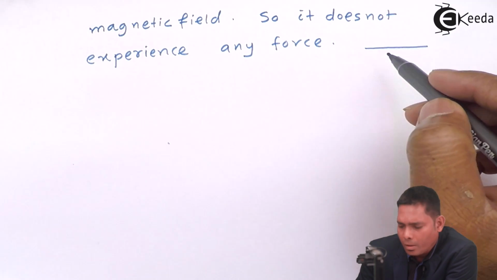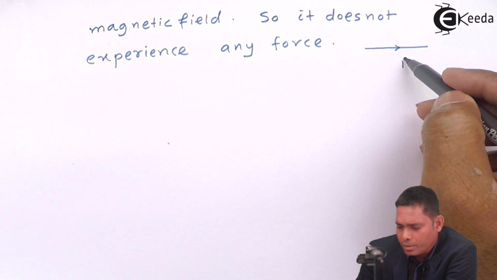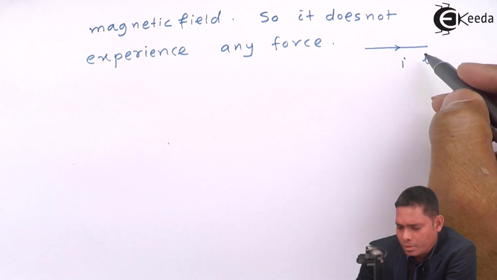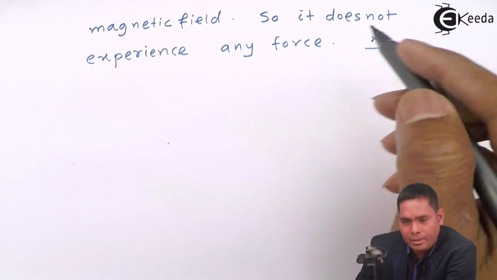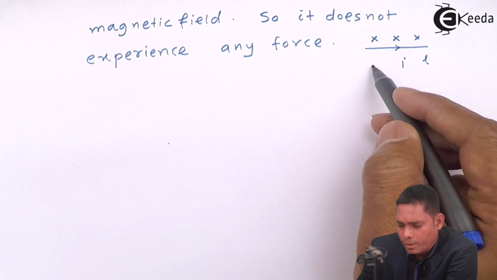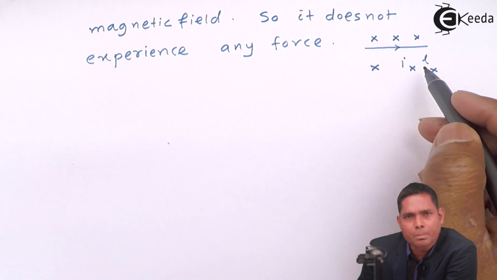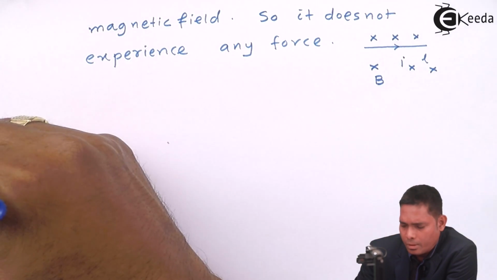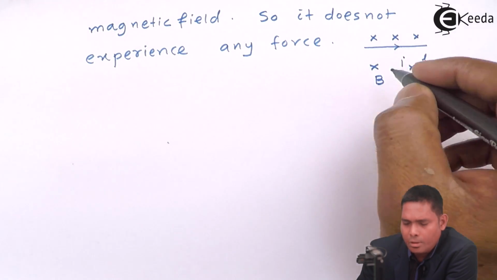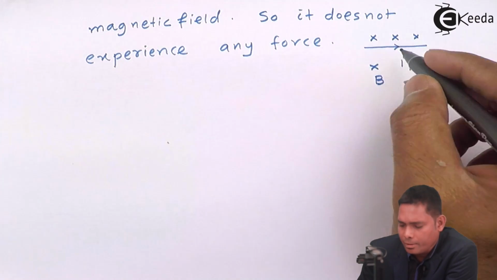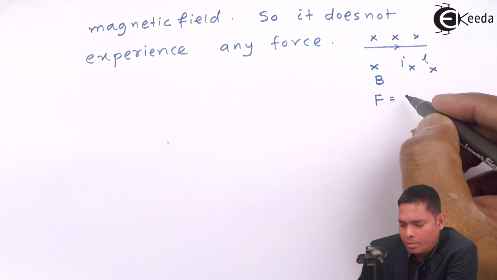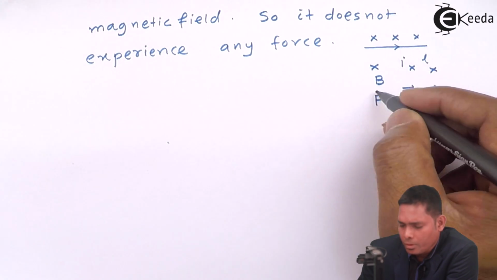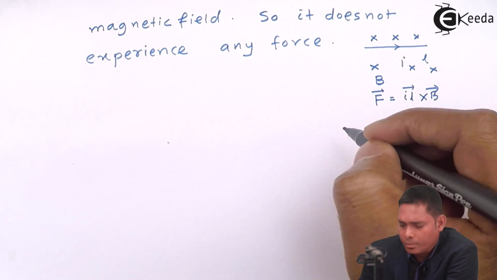and suppose that current I is flowing through this, and suppose the length of the conductor is L, if I place this in a magnetic field which is pointing into the plane of the paper, and the magnetic field is B, then the force experienced by this current carrying conductor is given by the formula IL cross B. It is the cross product of these two vectors.